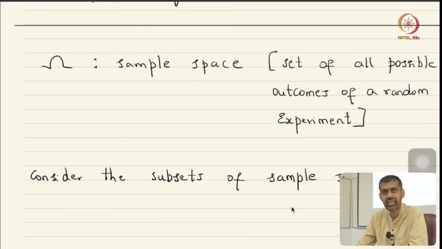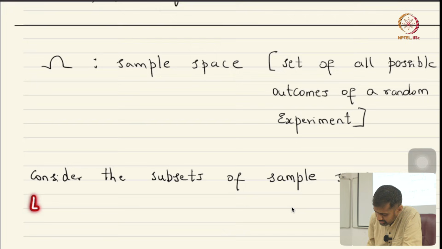So please note that if you have a set, you can construct subsets of that set, and on each of those subsets you can assign a measure. So let's denote this by subsets of sample space. Let capital F denote the collection of all possible subsets.